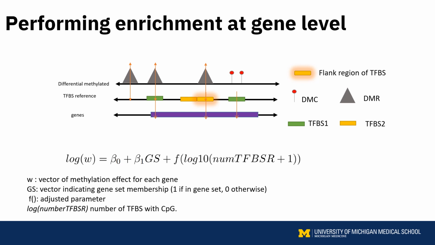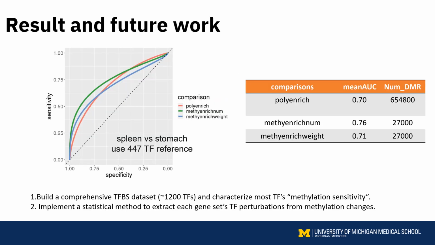We calculate a score for each gene representing the methylation effect, and we perform a generalized linear model for the gene set enrichment testing, using the number of transcription factor binding sites with CpG as an adjustment parameter. Here are some preliminary results and some future work we need to do.